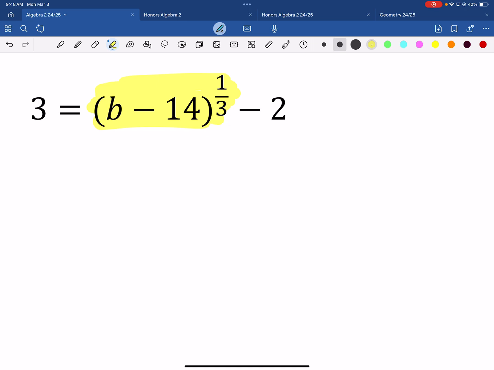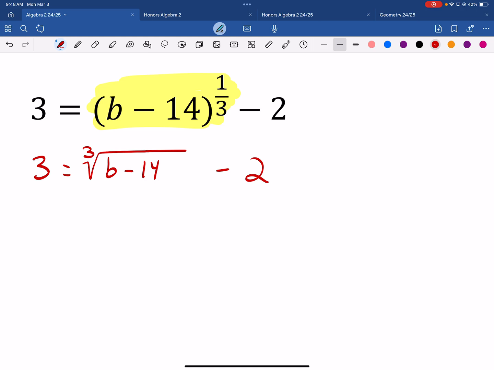The best thing you can do with this is rewrite it. So remember, when you have something that's an exponential form, to rewrite it, this becomes the cubed root of b minus 14 minus 2. So you can rewrite it.